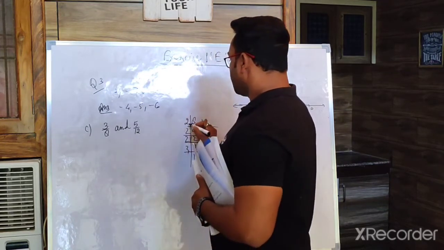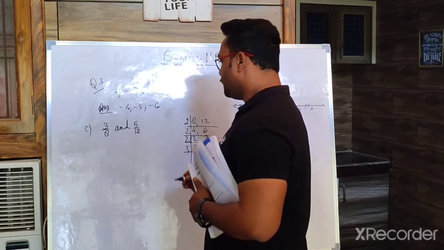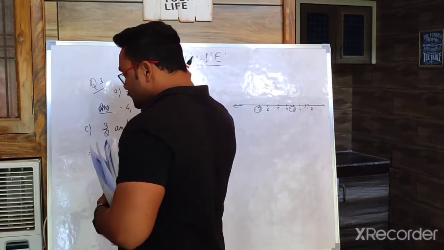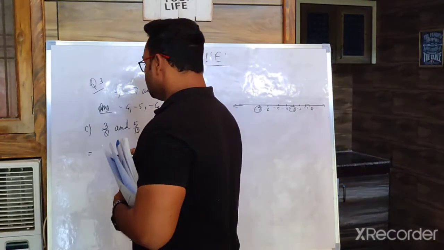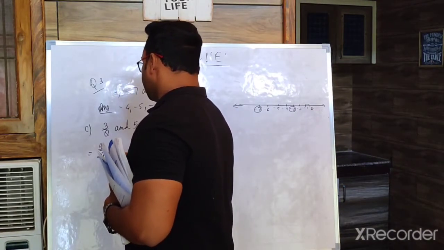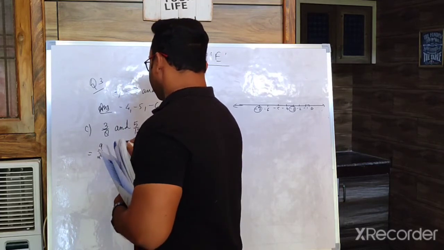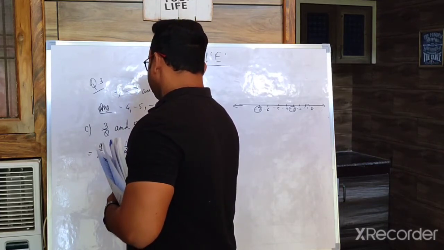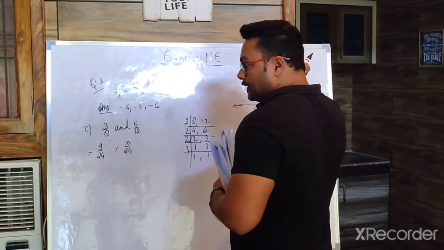Okay. So 2 times 2 times 2 times 3, that is 24. So make it equivalent. 3 into 3, 9 upon 24, and it will become 10 upon 24. 9 by 24 and 10 by 24.